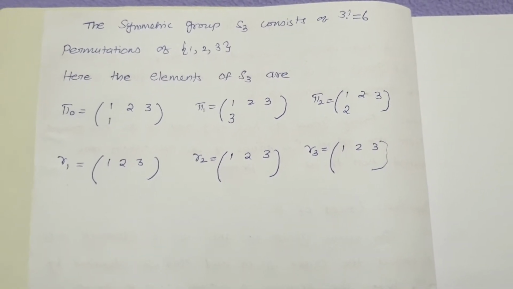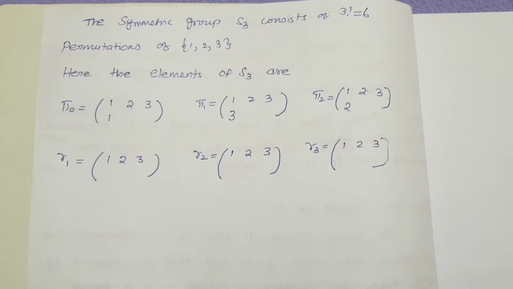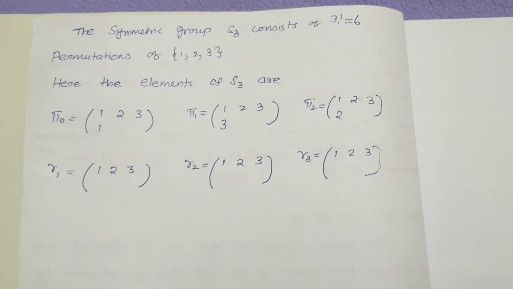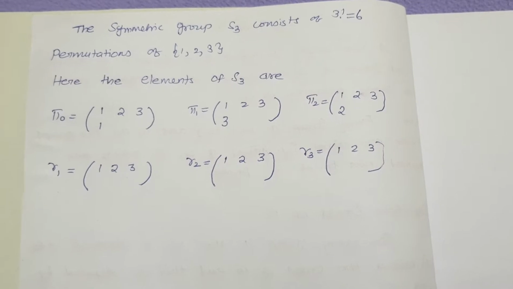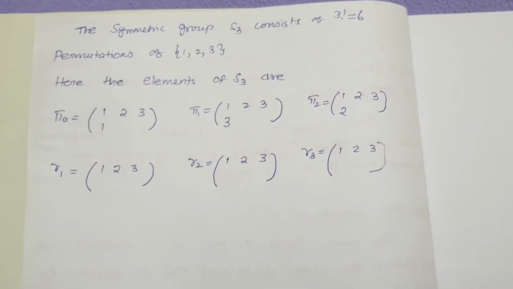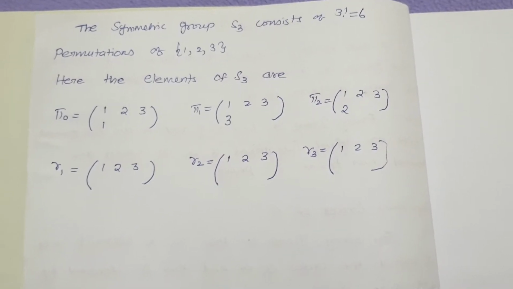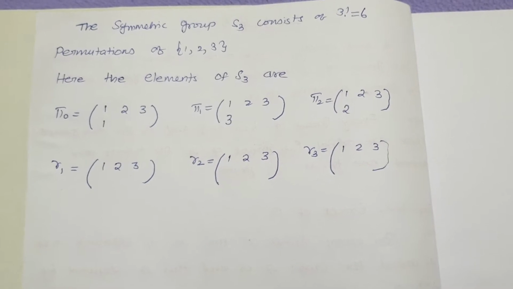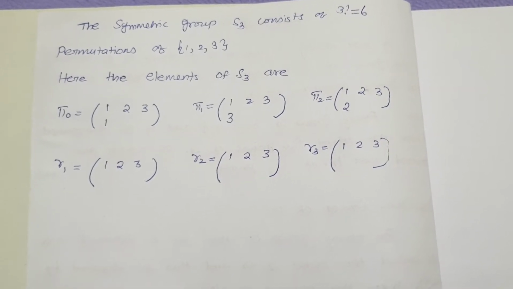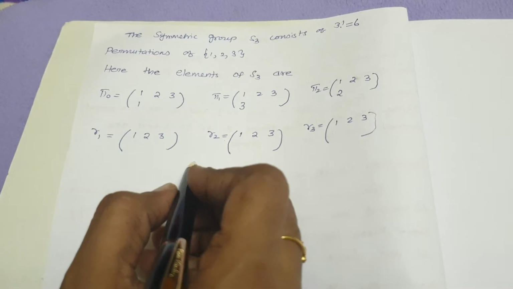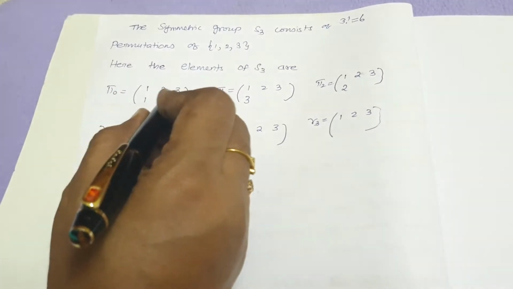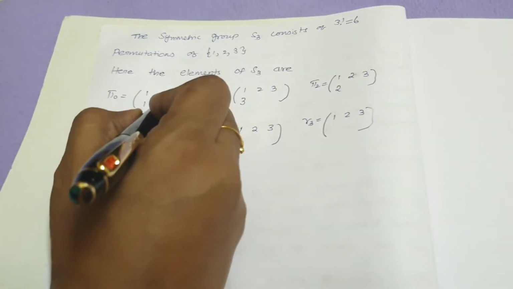Here the elements of S3 are, first one is the identity element pi naught. In all the elements the first row 1, 2, 3 is the same, only the second row varies. So in pi naught, 1, 2, 3, the second row is also 1, 2, 3.